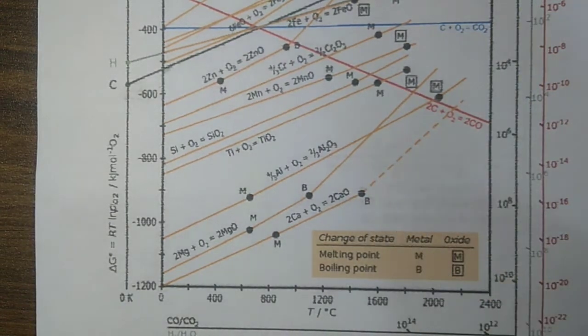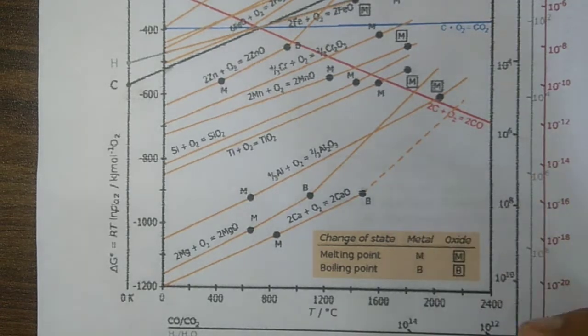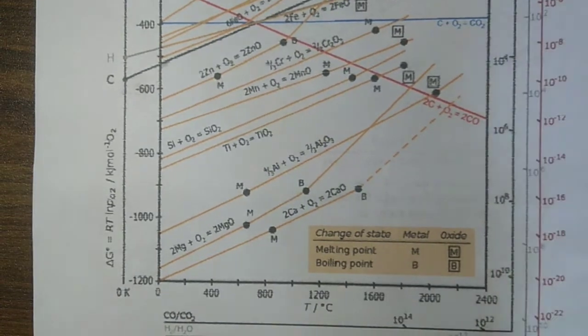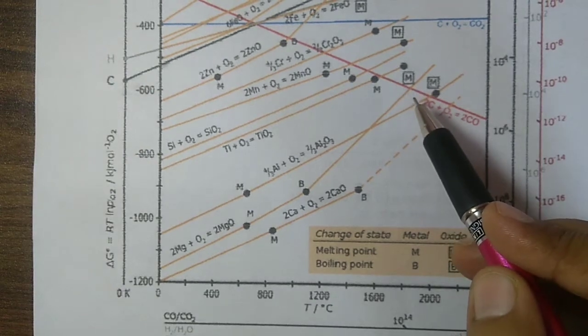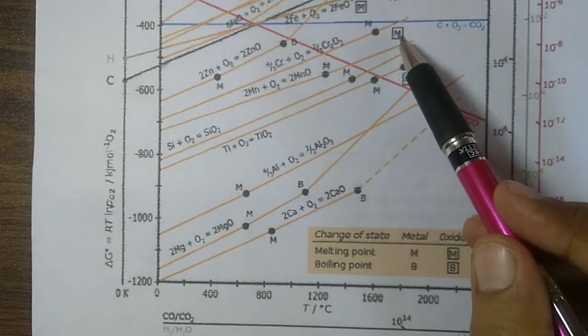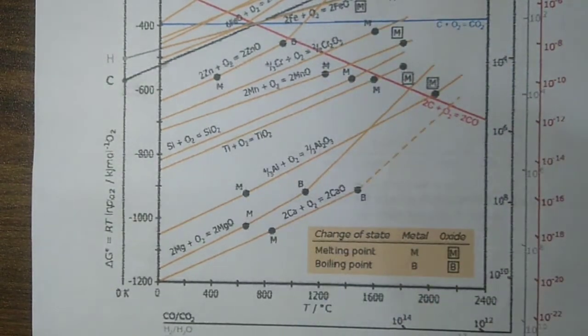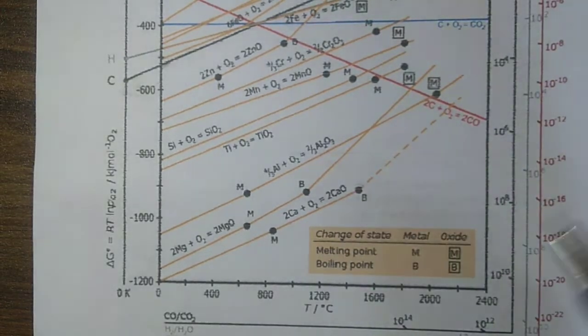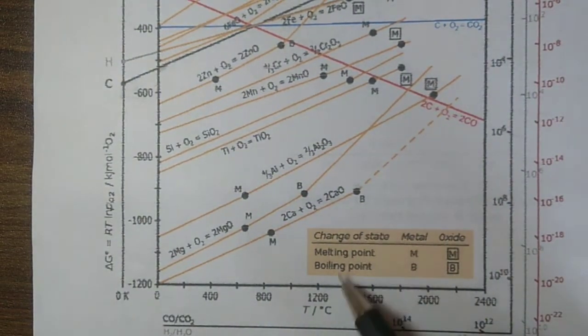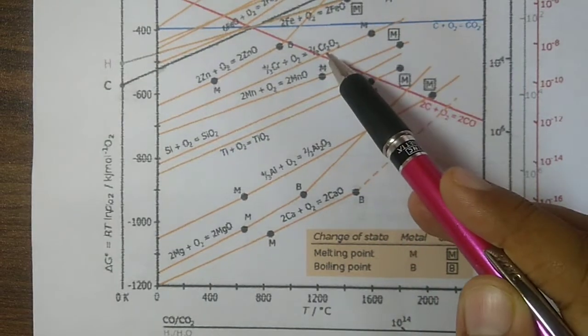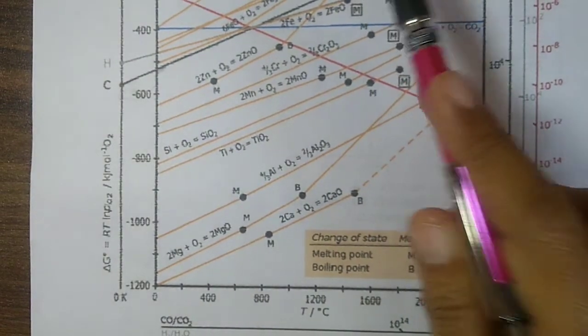If the slope decreases, the product changes state with temperature. This carbon can reduce chromium, SiO2, TiO2 above 1200 degrees centigrade. Above this 1200, it can reduce all these oxides.